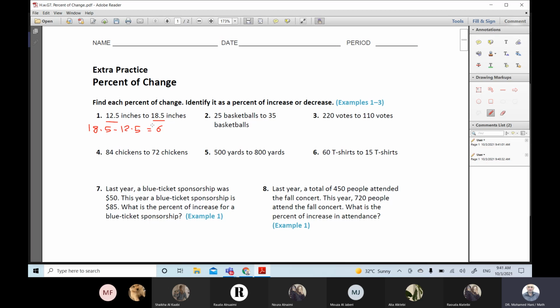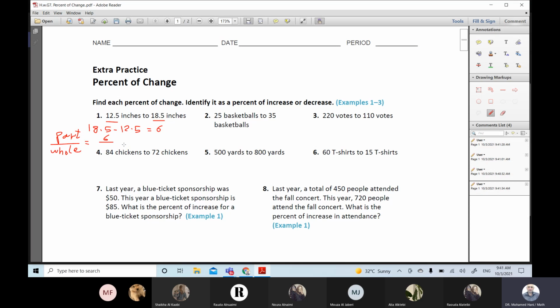Now, then we can use the rule part over whole. The part means the amount of increase will be 6.